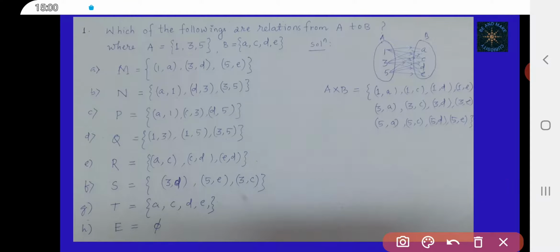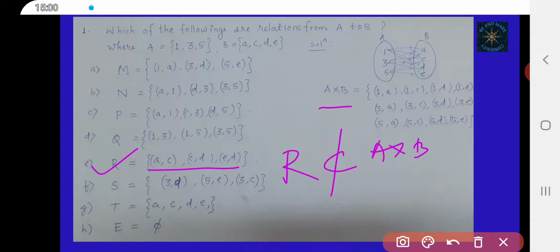R. Here also, every element of set R is not in A cross B. So R is not a subset of A cross B. So R is not a relation.